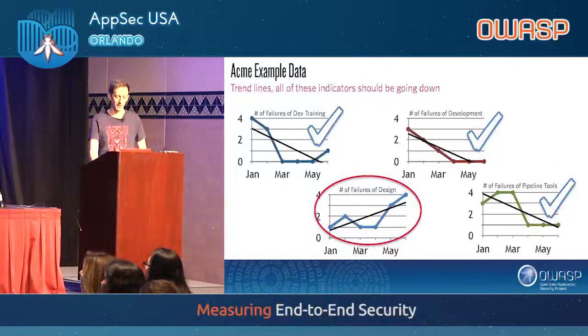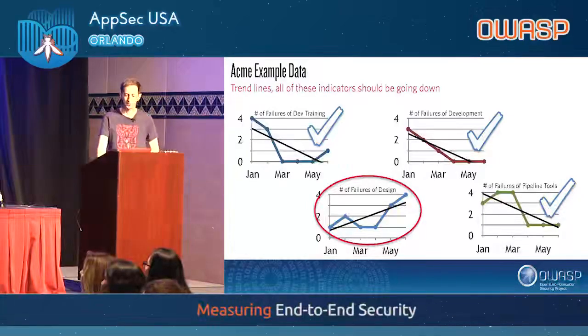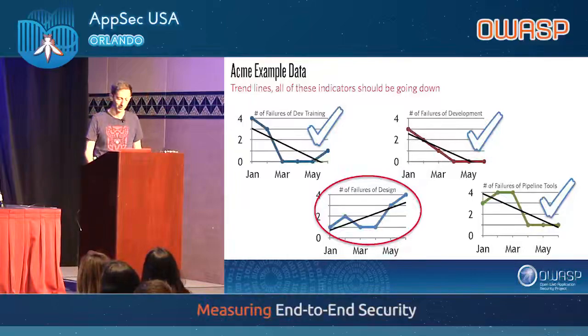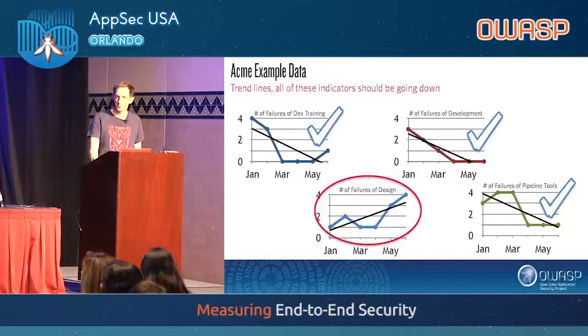Say, okay, failures of dev training, that's going down, that's good. Failures of development, that's going down. Failures of pipeline tools, uh-oh. So even if the total number of bugs went down, if you combine these graphs, the failures of design actually went up. And so we can see we have a problem there. And again, these are when the bugs were born, not when they were found.